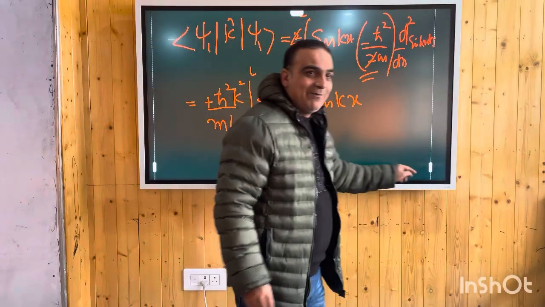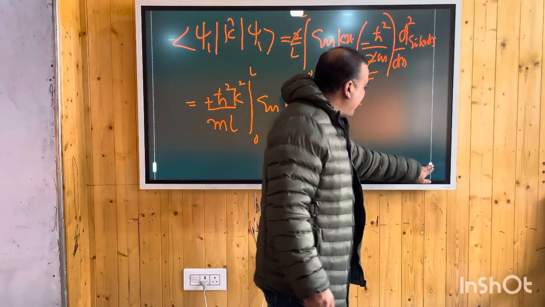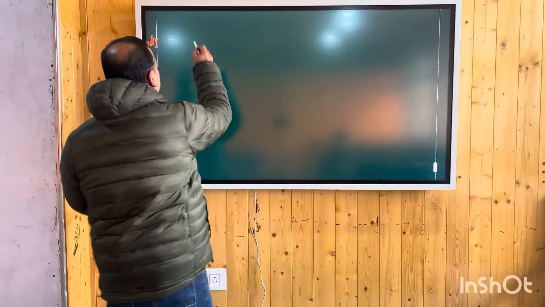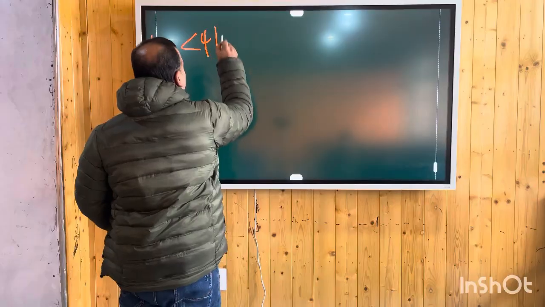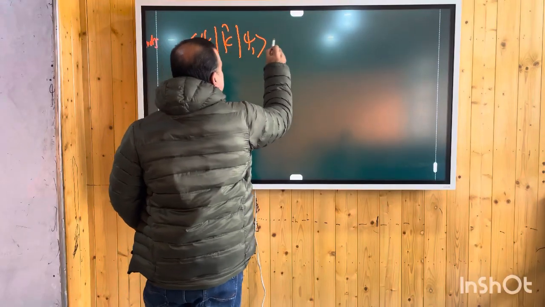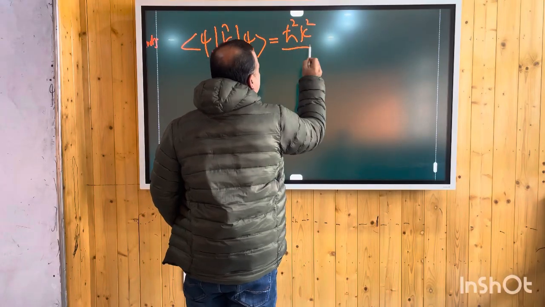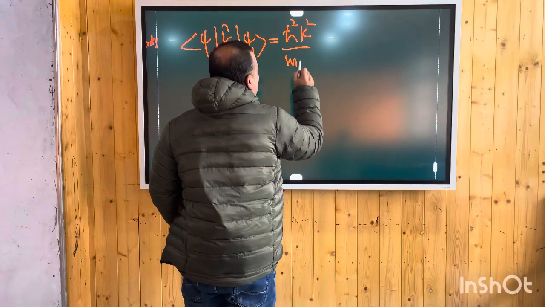What is its value? Do you remember? Okay, so I would like to write down this. What I'm getting here is the expectation value of the kinetic energy operator for psi 1 is h bar square k square by ml.